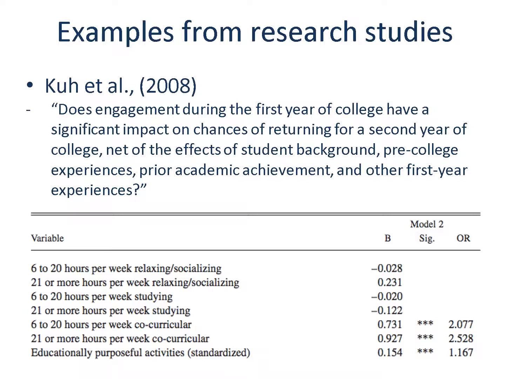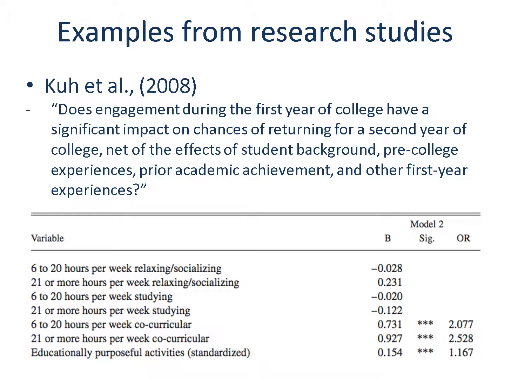Basically, they estimated the relationship between various engagement and first to second year retention, considering all other demographic and academic backgrounds. The outcome variable then is binary because it is whether or not a student returns for a second year. Thus, the researchers conducted a logistic regression analysis.